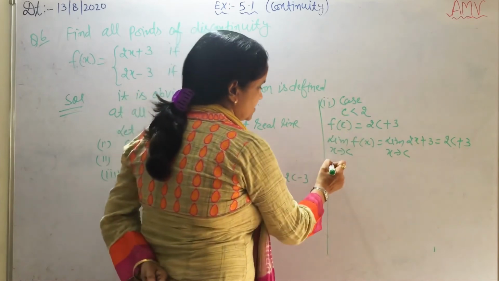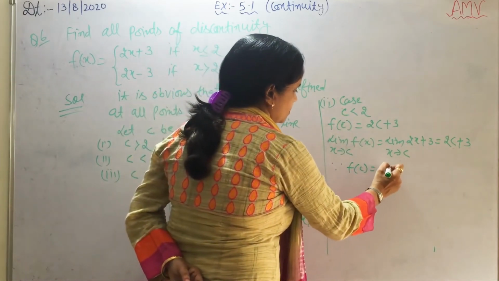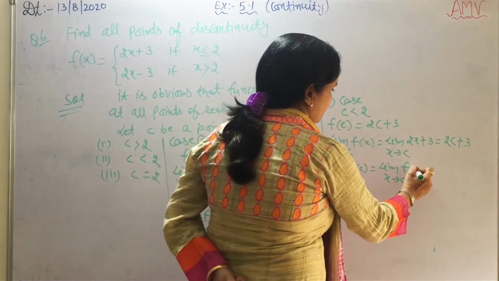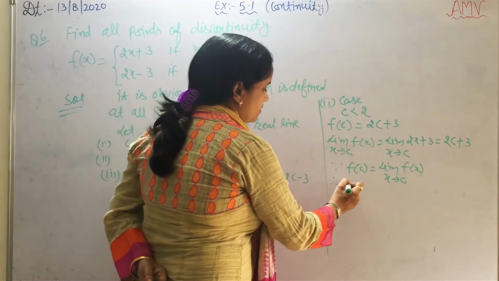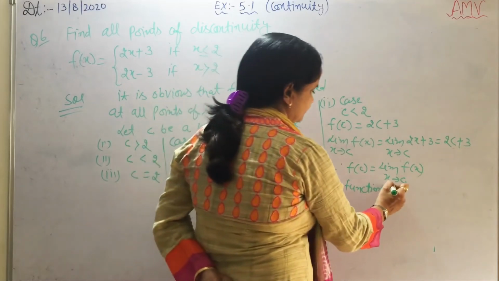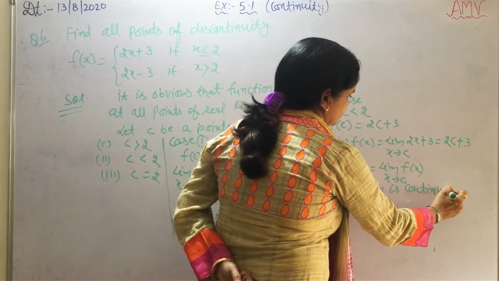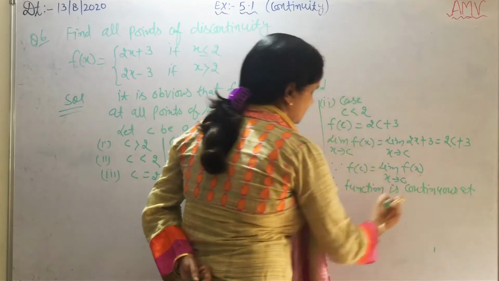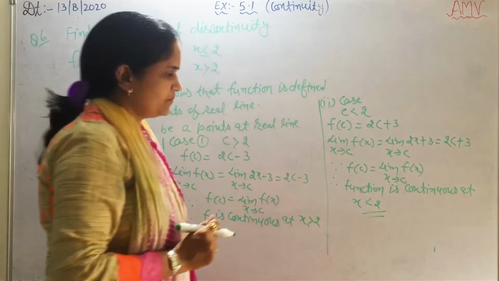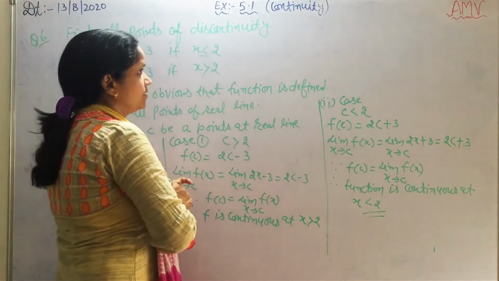So from this we conclude that f(c) is equal to the limit as x tends to c of f(x). Therefore the function is continuous at x less than 2, which means at all points less than 2.